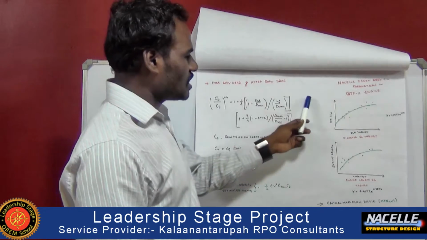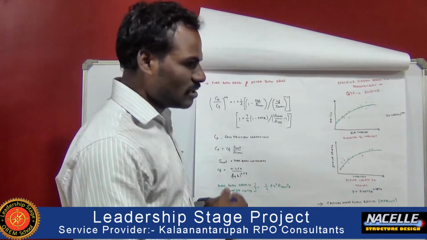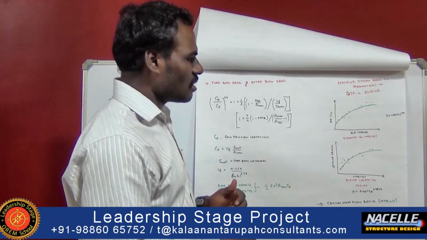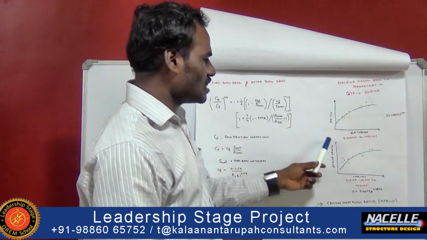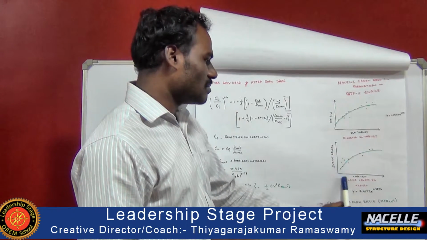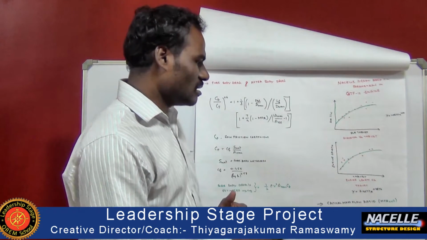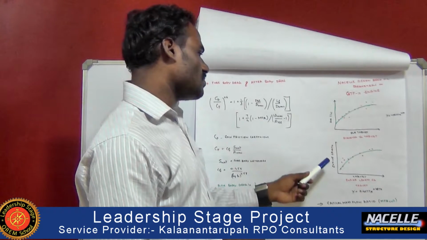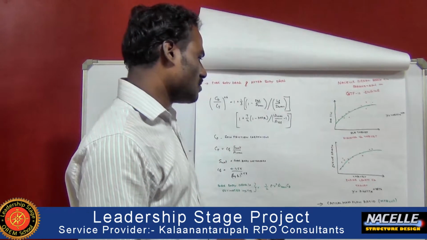Here is the graphical representation of the diameter of the throat of the nozzle, calculated with respect to the thrust, as well as the length of the engine with respect to the thrust.